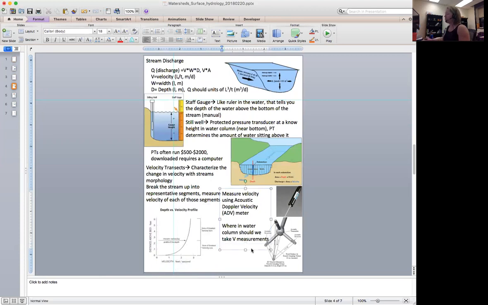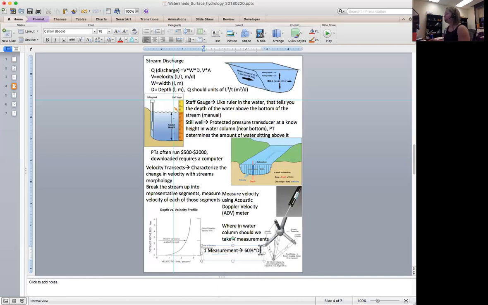So let's try another one of these. If we have only one measurement, we go with the rule of thumb of 60% times the depth. And that's where we take it.